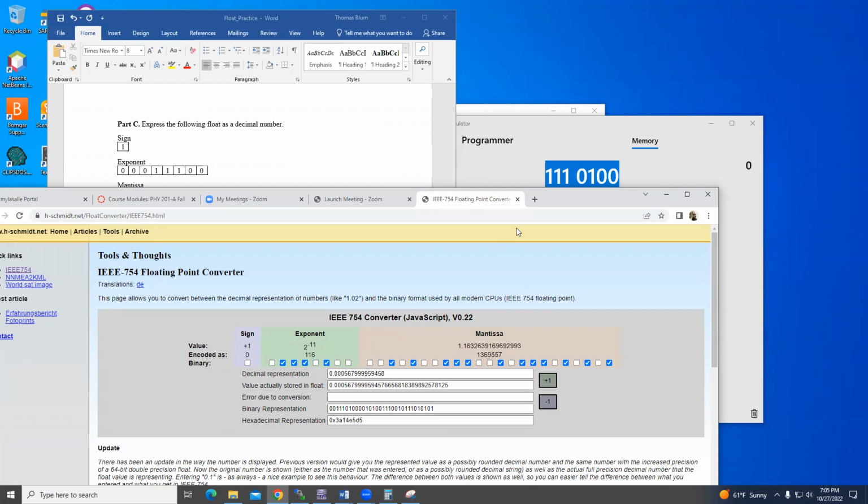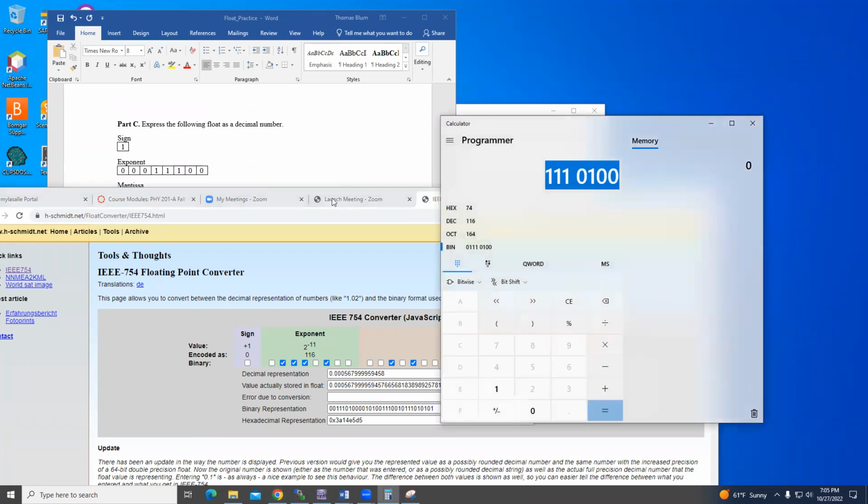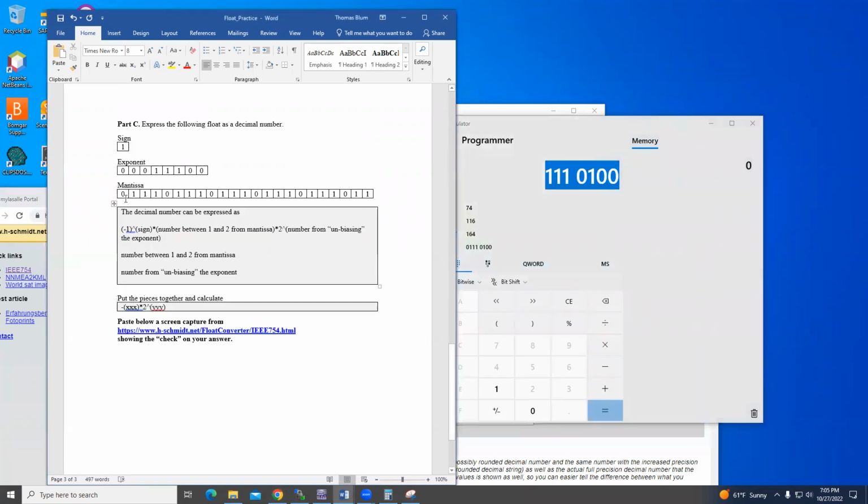All right, the final game is the opposite direction. So we know it's a negative number. There's going to be some number times 2 raised to some number. That's what this is all about. The mantissa is a number between 1 and 2.